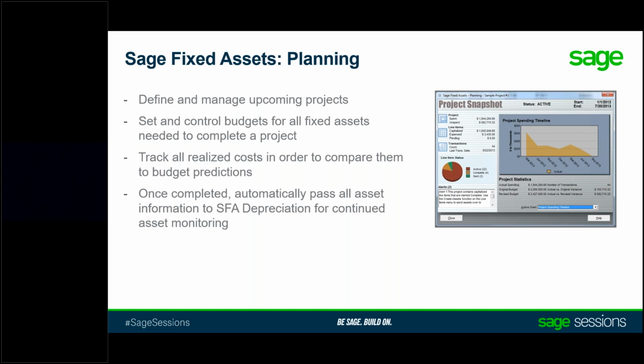For example, what's spent or unspent of the budget, which is displayed in the top left portion there. You can see what's capitalized and expense, even get a complete transaction count. And if you look below the graphic in the center, you'll see it'll show the actual spending against an original as well as a revised budget.